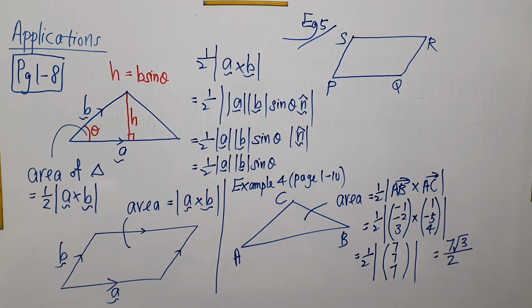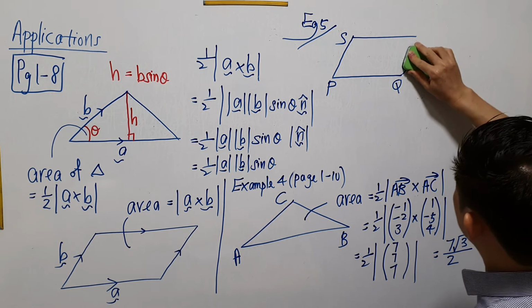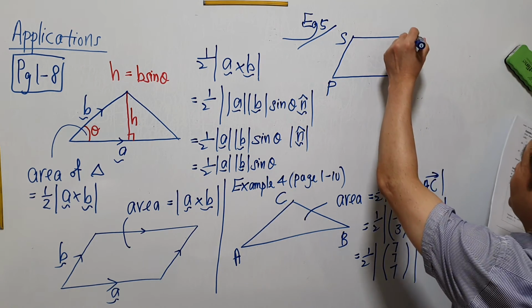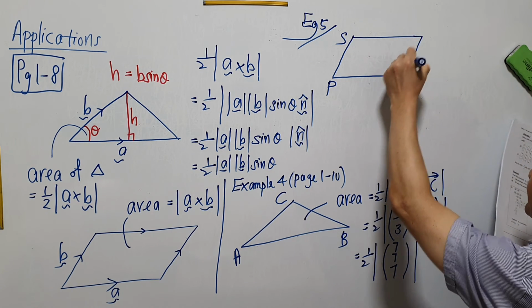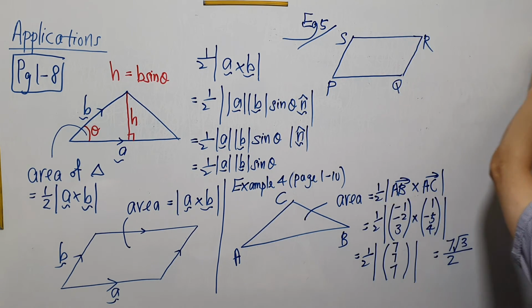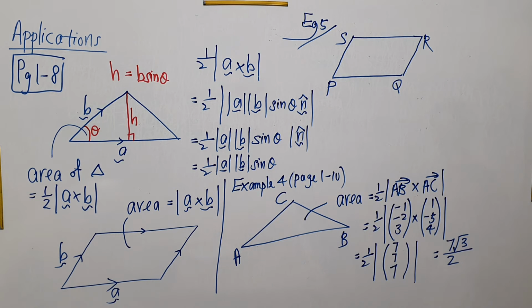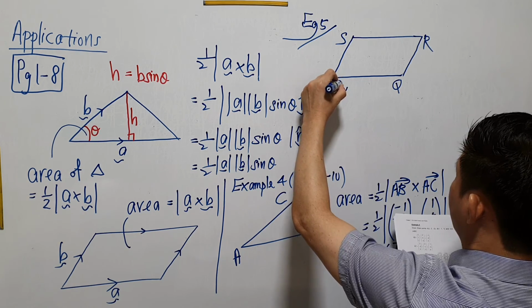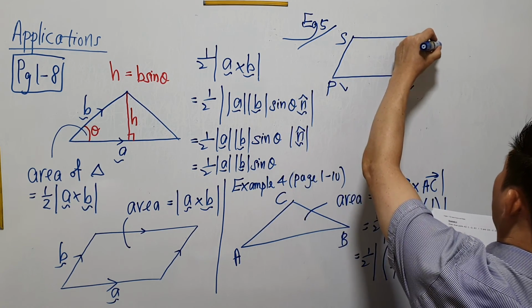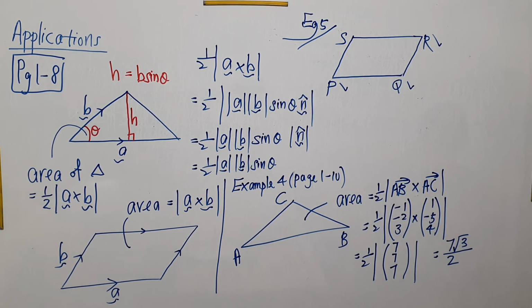Okay, let me polish up this a bit. In this question, you are interested in a parallelogram. You are given P, Q, and R. So you know these 3 points, and you are asked to find the point S.